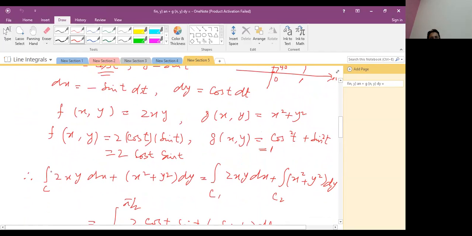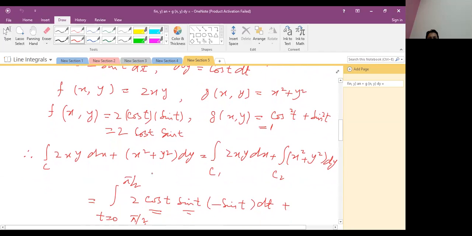So therefore, the line integral of 2xy dx plus x square plus y square dy is equal to, when we consider it in 2 basic curves, we separate both curve values. We call them C1 and C2. So when we put here the value of x and y and dx, it is minus sin t into dt.